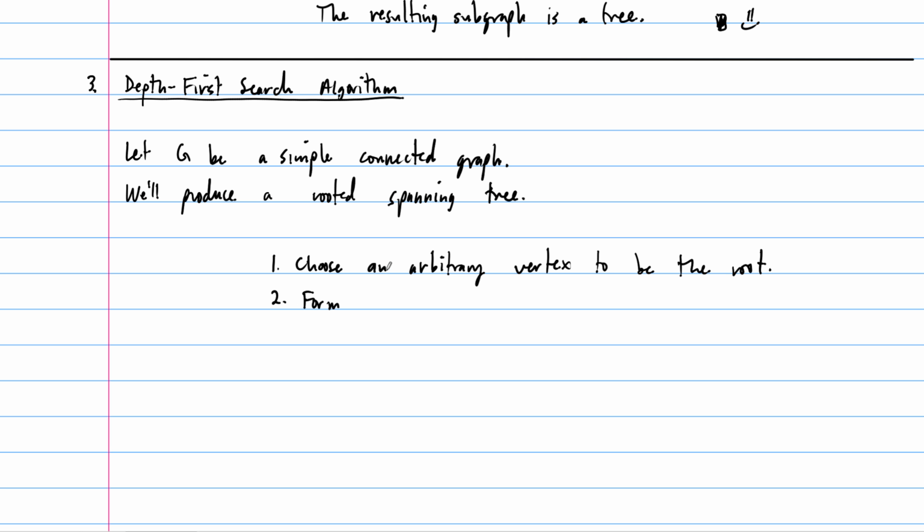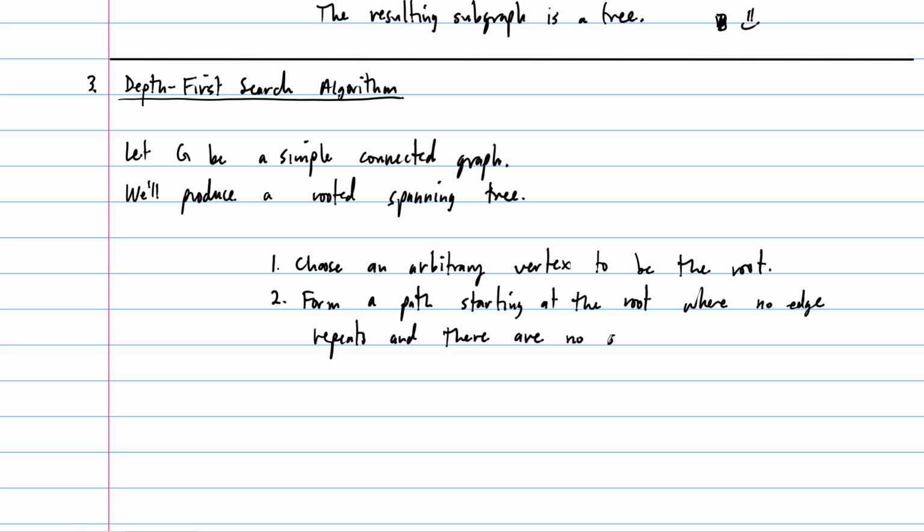It doesn't have to be the longest path possible from the root, but form a path starting at the root where no edge repeats, obviously, and there are no simple circuits. And make this path as long as you possibly can.